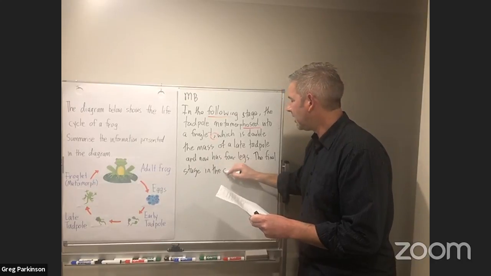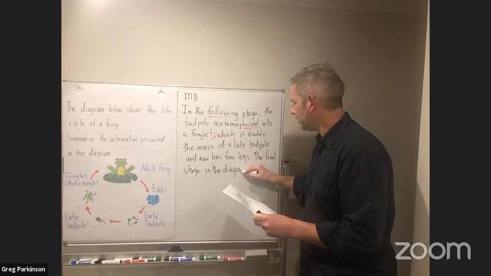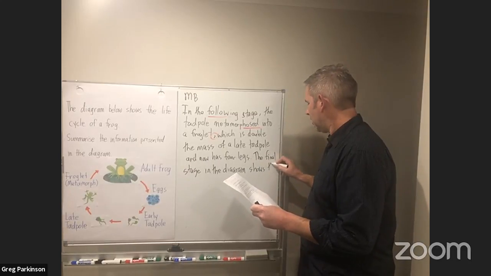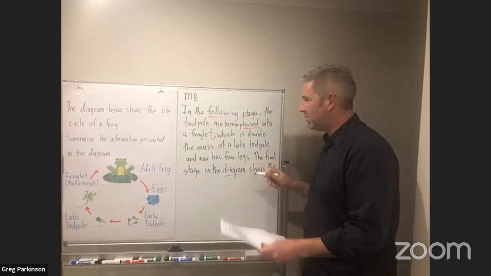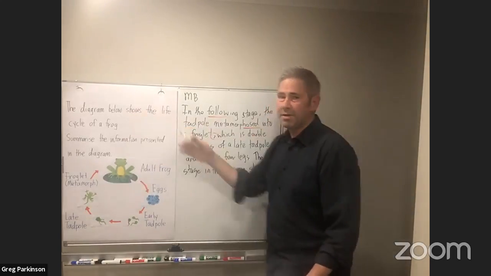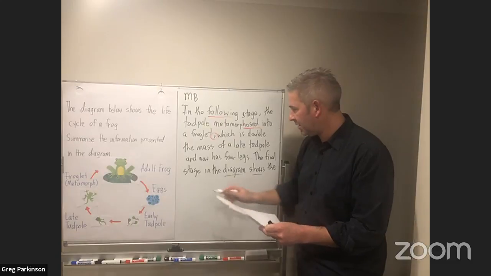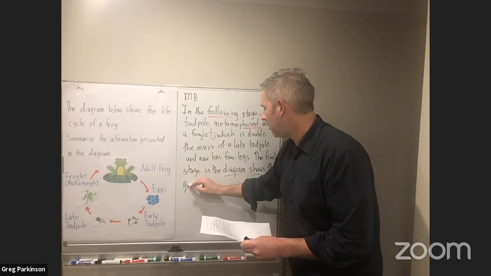And here I'm going to use the diagram for the first time, the word diagram. Now, obviously, I don't want to overuse the words that we're given, but I think it's okay to use them once during my writing. Shows the growth.